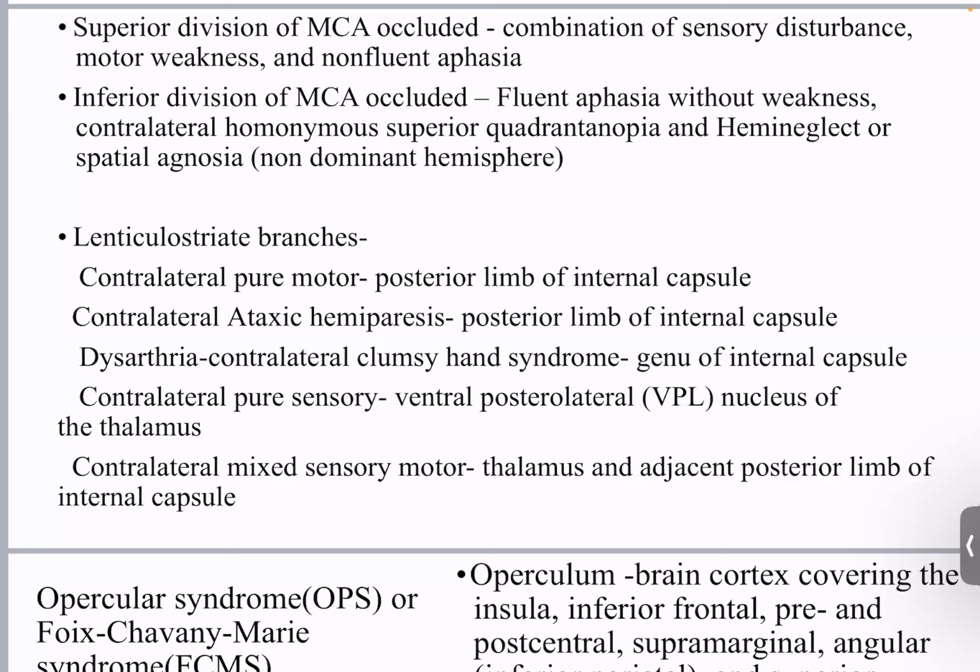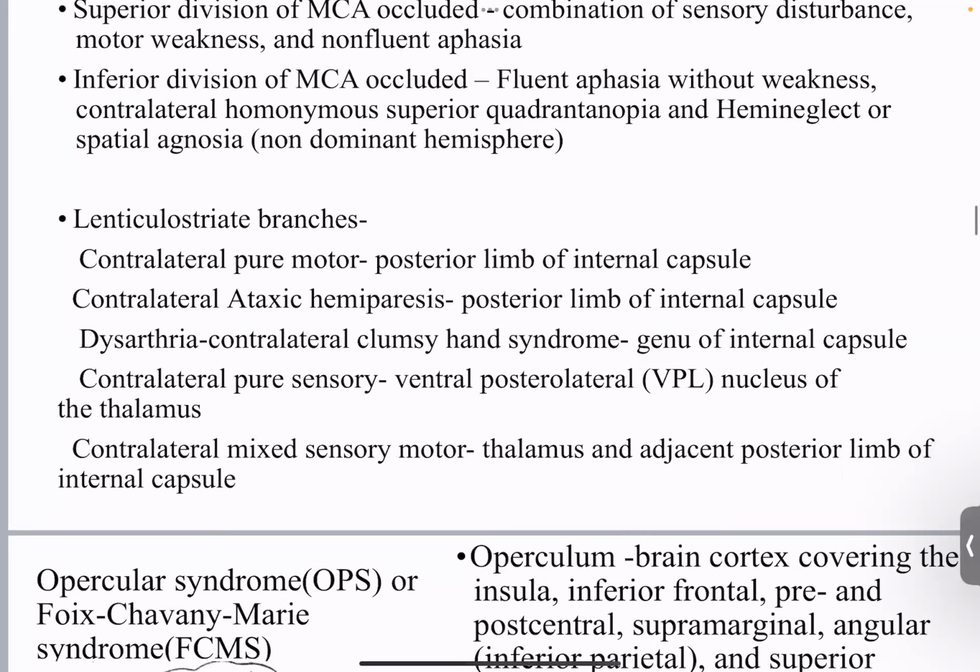Okay, continue. Involvement of lenticulostriate branches. It can be a contralateral pure motor involvement, which is seen due to involvement of the posterior limb of the internal capsule. Again, there can be contralateral ataxic hemiparesis because of the posterior limb of the internal capsule.